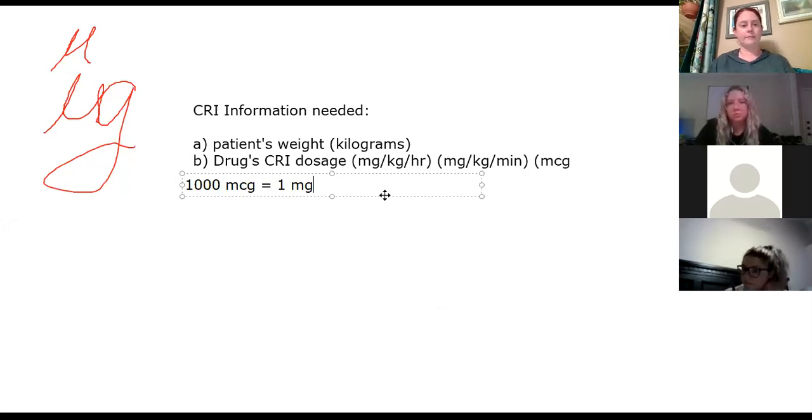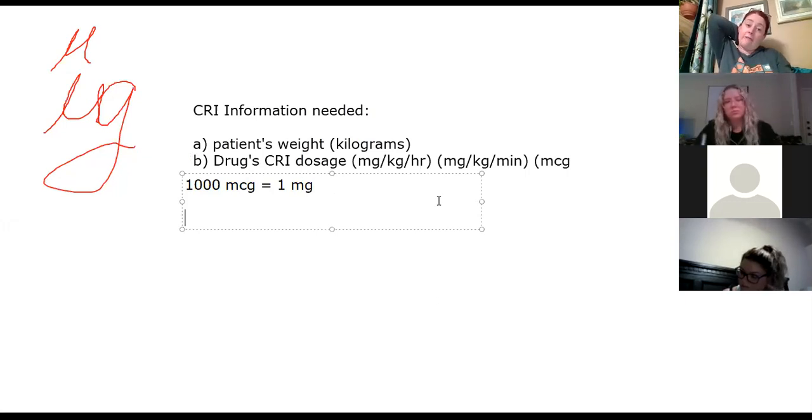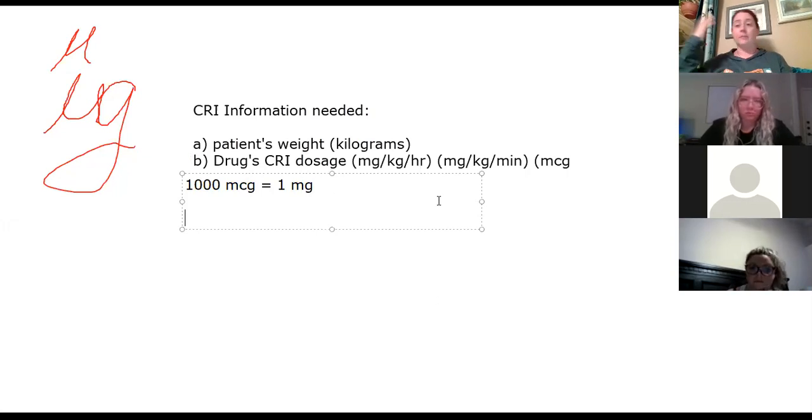All right. So these can show up as micrograms per hour or micrograms per minute. The most important thing for us with these is to make sure that our math is matching. So if you need to have milligrams per kilogram per hour, then we need to make sure that the patient's weight matches. We need to make sure that our drug concentration matches as well.